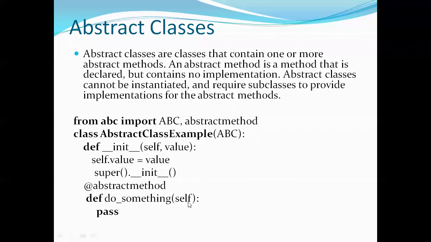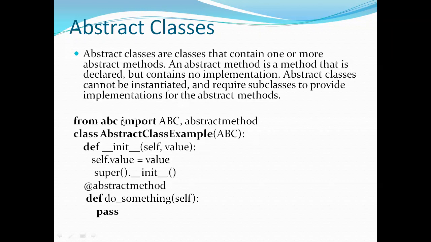The abstract method does not have any logic. You simply need to mention pass. The method which doesn't have any implementation should have at least pass. This is the way of creating an abstract class.